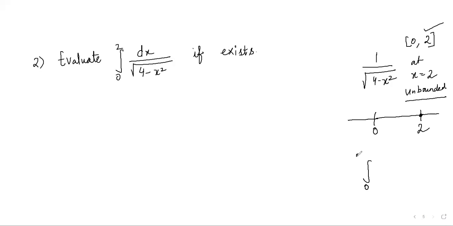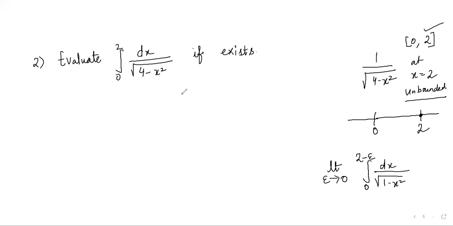So it will be considered as 2 minus epsilon. So we will be evaluating this integral, and after evaluating this integral, we will be considering the limit that this epsilon is tending to 0. And if this limit exists, is finite, then this integral will exist.